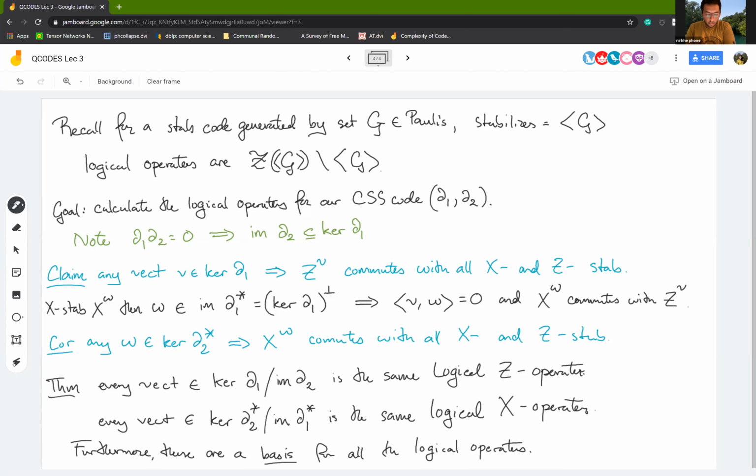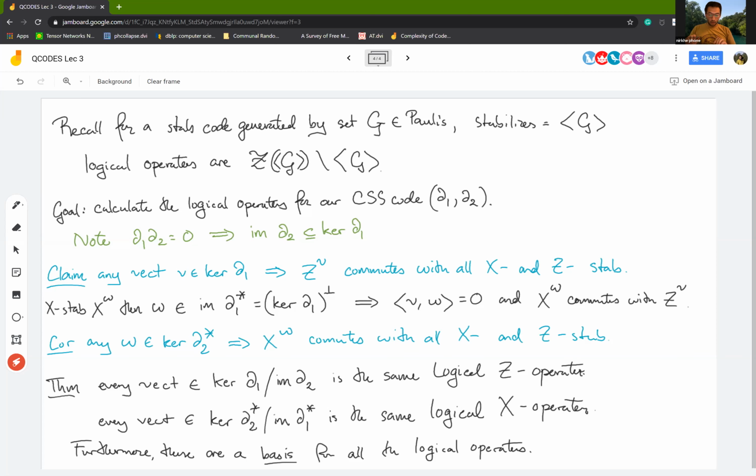Okay, so let me parse what this theorem means piece by piece, and then let's work through it. Once you understand the definitions, each part follows rather immediately. So far we had this claim that for any vector in the kernel of delta 1, the Z operator corresponding to that vector commutes with all the X stabilizers and Z stabilizers.